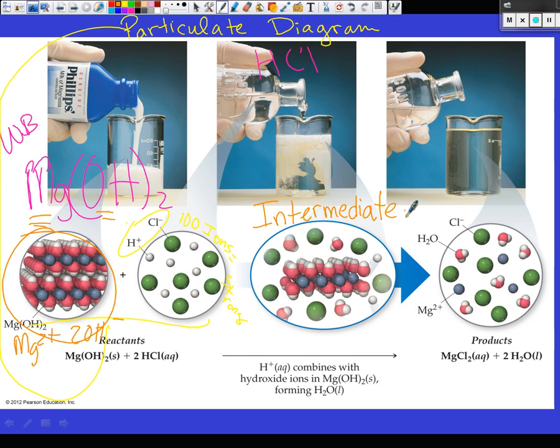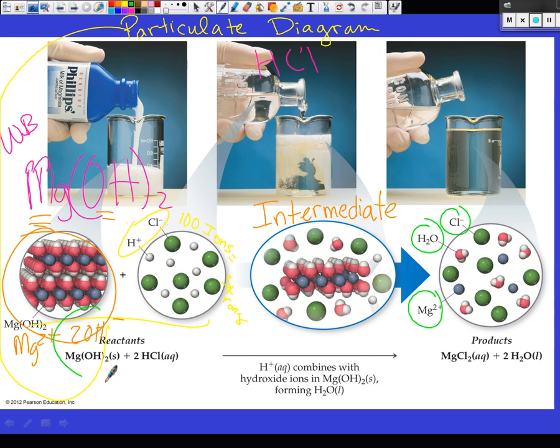So when we look over here on the other side, notice what we have show up. We've got the chloride ion, we've got a water molecule, and we've got a magnesium ion. Based on the previous pictures, what disappeared? The hydroxide ions disappeared. Were there many floating around to begin with?